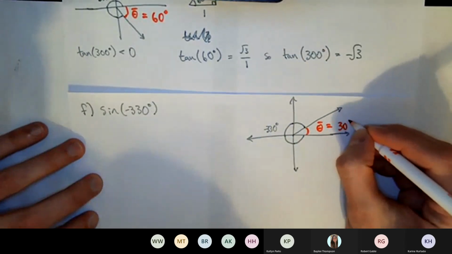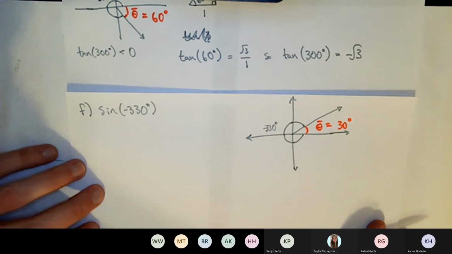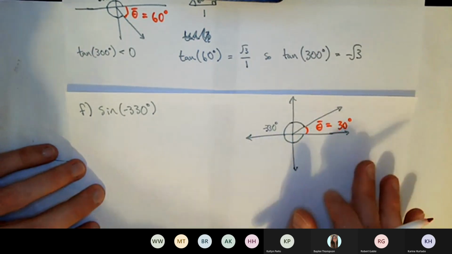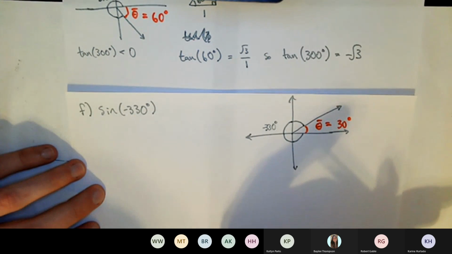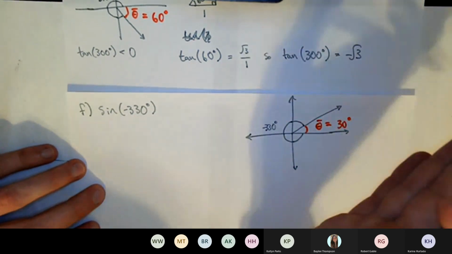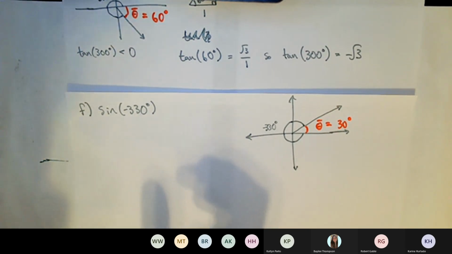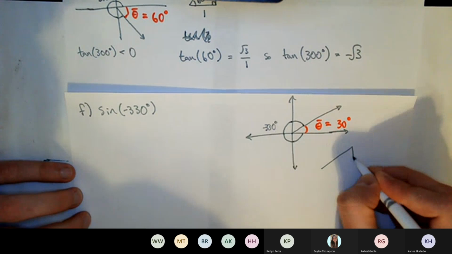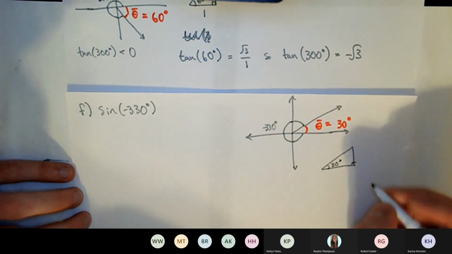It's going to be 30 degrees. Your reference angle shouldn't be negative, so you won't say negative 30 degrees. The reference angle is coming from the x-axis, meeting the terminal side. Reference angle should be positive, because the point of the reference angle is just to get you back to a nice little acute triangle, one of those special triangles.